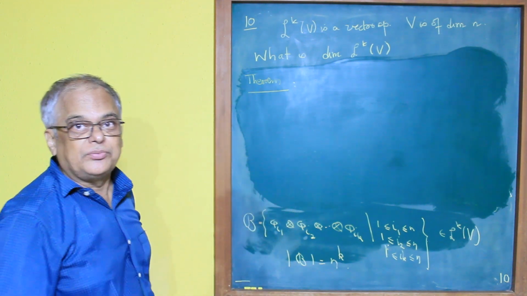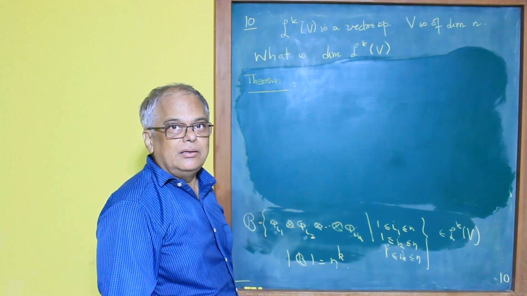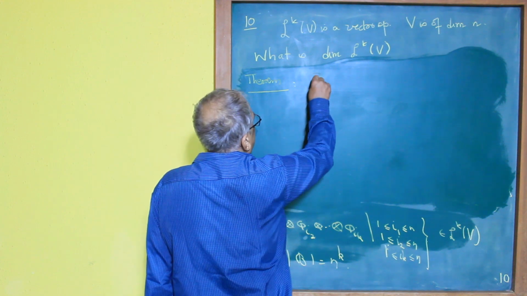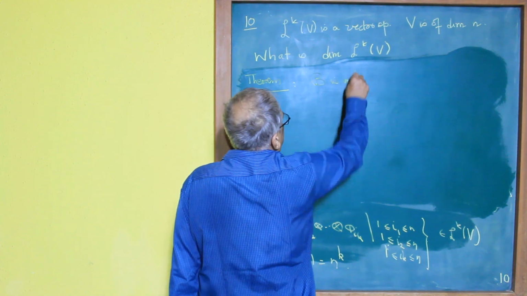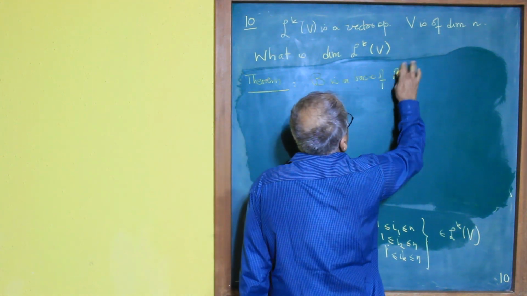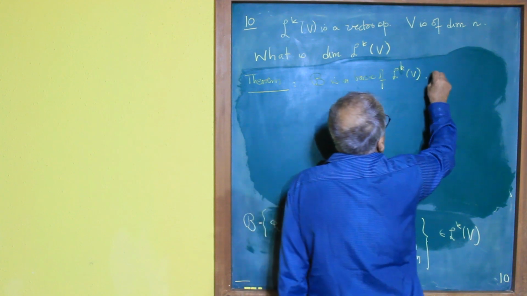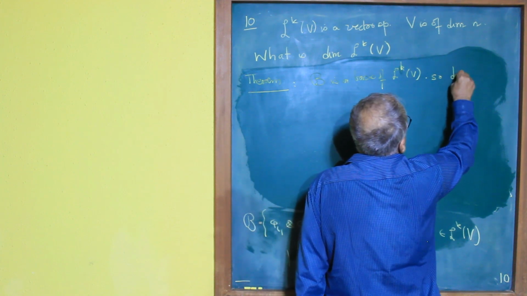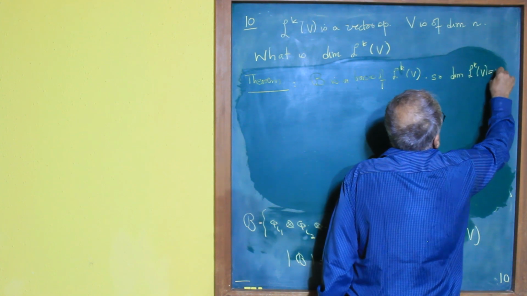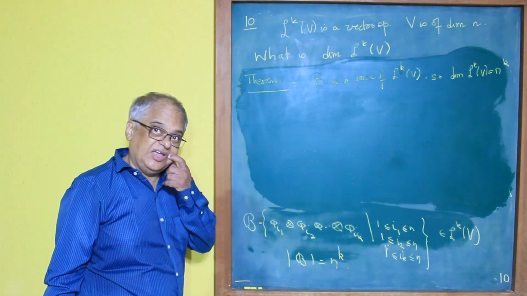What is the theorem we want to prove? The theorem we want to prove is that B is a basis of L_k(V). So the dimension of L_k(V) is n to the power k.